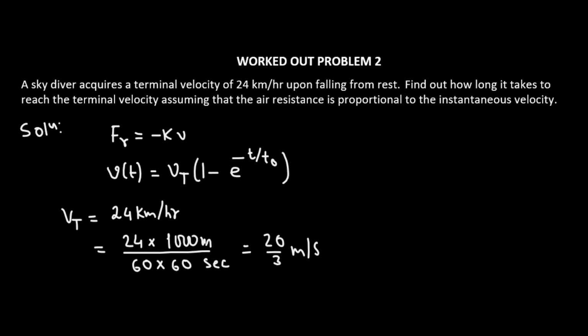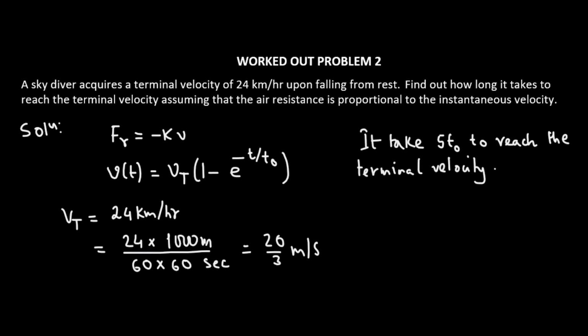Now we have been asked how long it takes to reach this particular velocity, 20/3. We know that it takes 5 t naught to reach the terminal velocity. That means we need to find the value of t naught in order to find the total time. From this expression, the terminal velocity v_t is given by g over k.